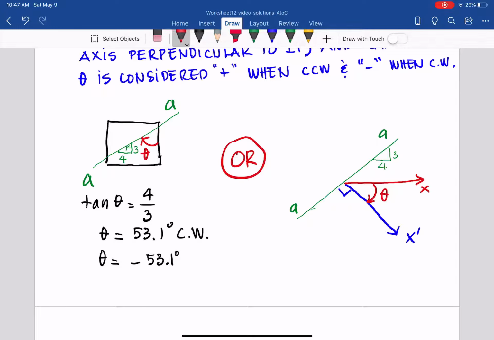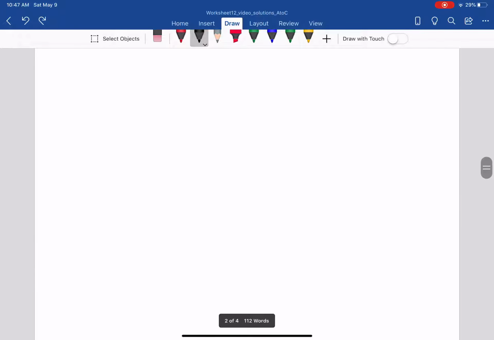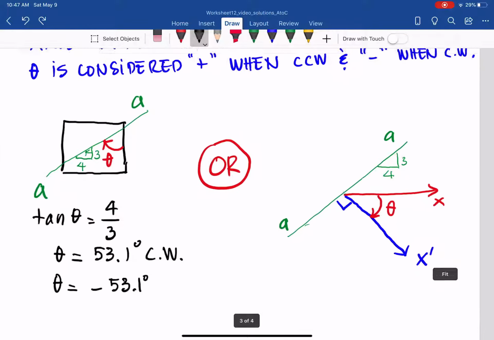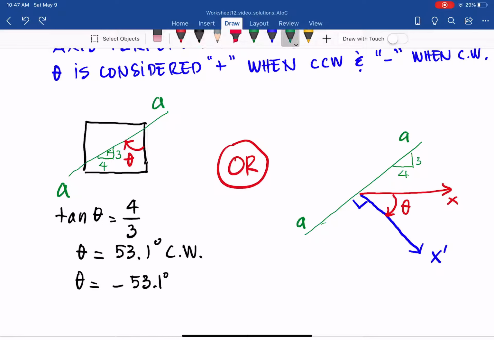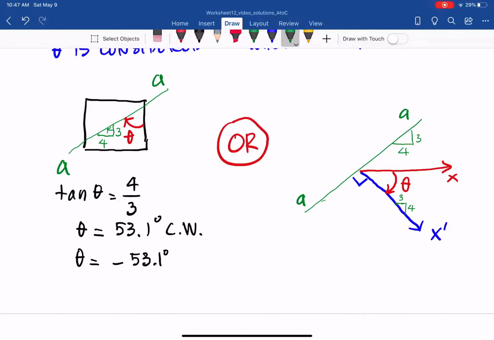As you can see here, if the slope is 4/3, then for the vertical we just flip it, so it becomes 3 and 4, as you learned in statics. That angle theta is also the same as this angle.